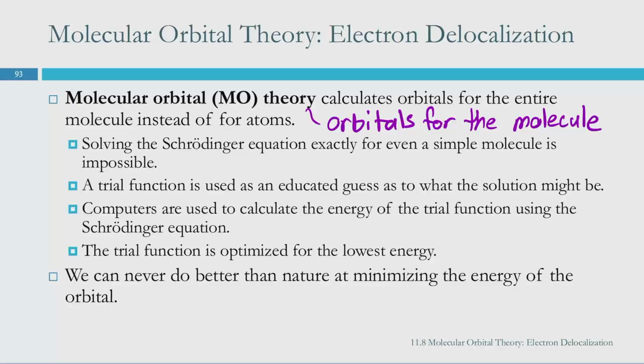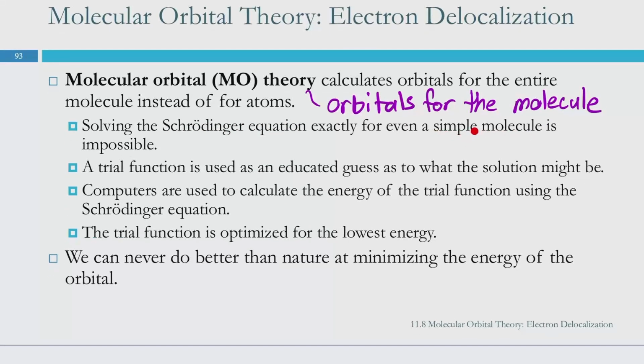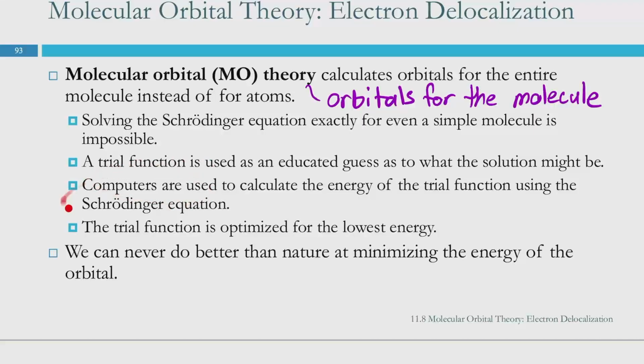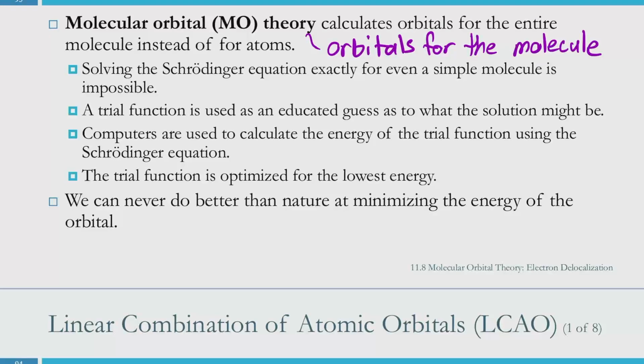If you take more advanced chemistry, like inorganic chemistry, you'll probably see molecular orbitals show up again. Solving the Schrodinger equation, even for simple molecules, is impossible, so we use trial functions. Computers come up with those, and it's optimized for the lowest energy, so we don't really have to worry about it. We're just going to use some basic patterns that we know of thanks to computers.